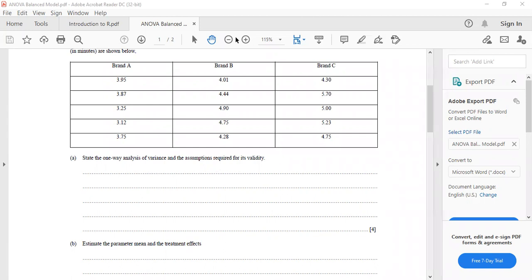Where did you get 13.06? The individual means, you had divided each by 5, right?